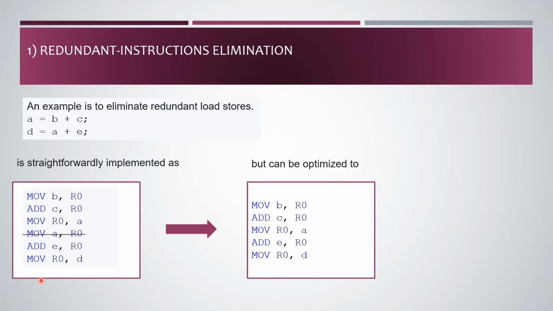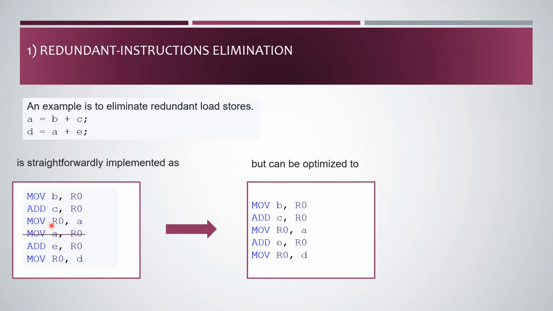The generated code for these two expressions is given below. The value of b is loaded to the register R0. Now the second instruction adds the value of c with the content of register R0. So your result after adding b plus c will be in R0.